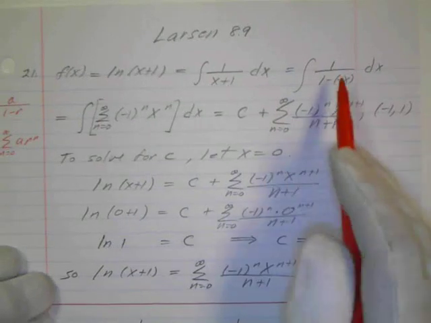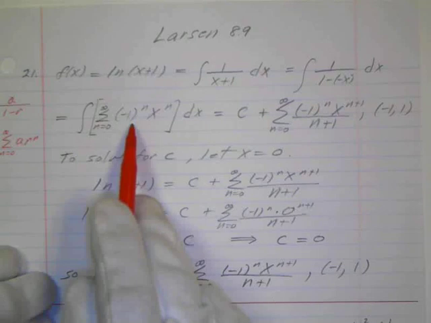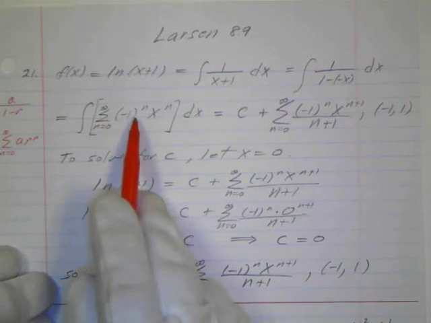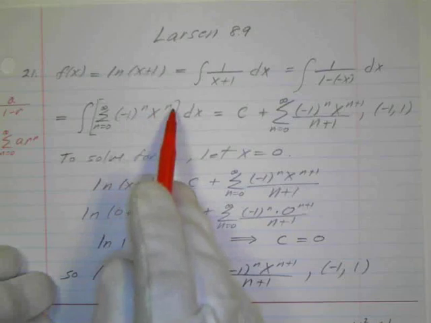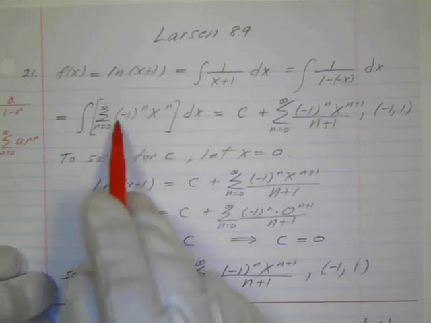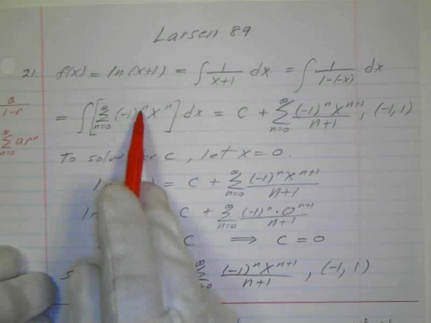So we see this is in our form. Our a is 1 and our r is negative x. So we can write this as the integral of this power series, negative 1 to the n, x to the n. We just had negative x to the n, and we just took the negative out as negative 1 to the n.